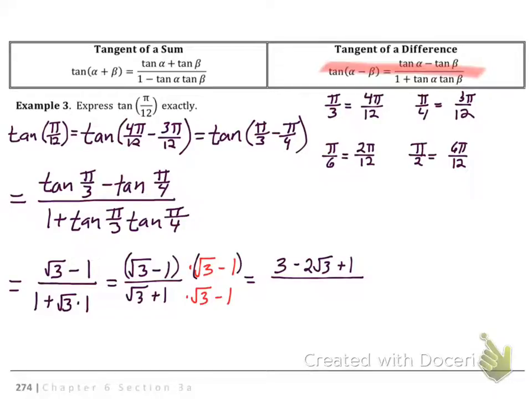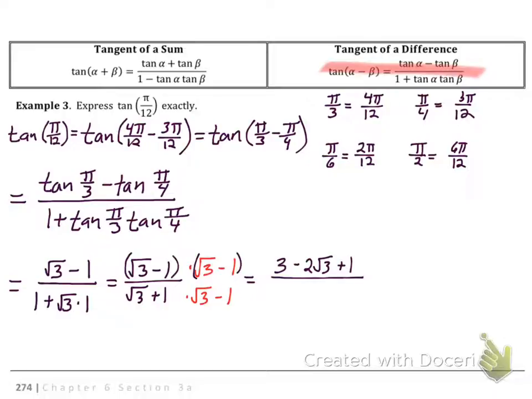The whole point of doing a conjugate pair is that they're a difference of squares, which means if I have square root of 3 plus 1 times square root of 3 minus 1, it's just our first term squared minus our second term squared.